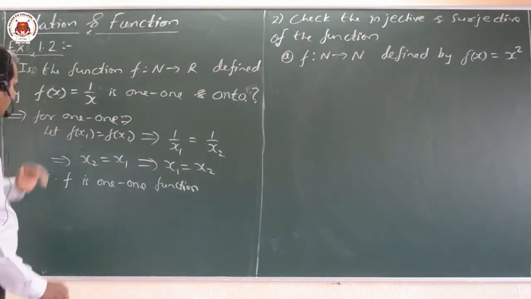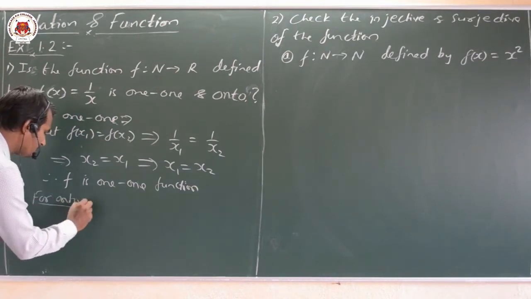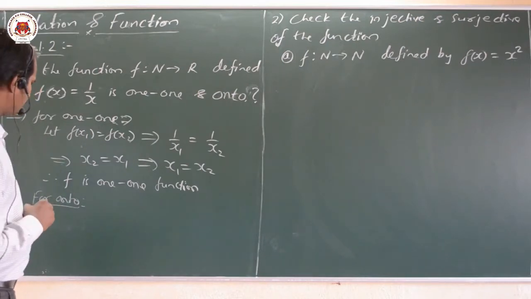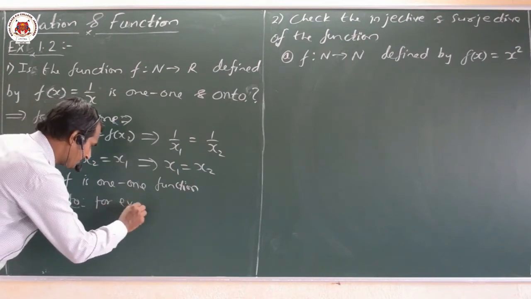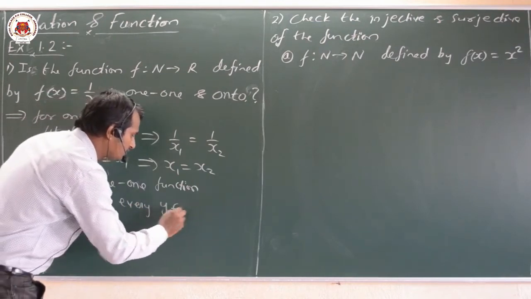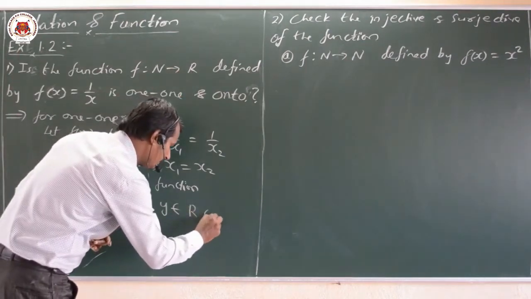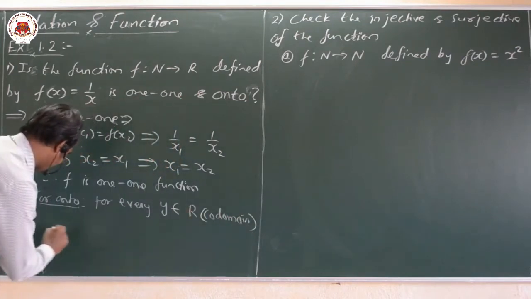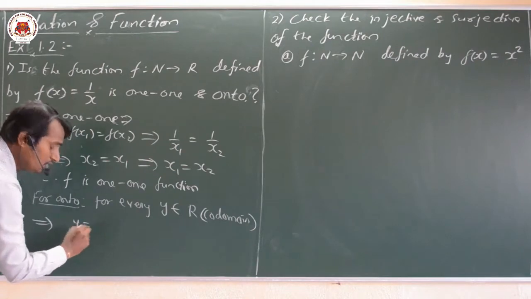Now let us move on to onto. Onto is also known as a surjective function. Let us observe here. For every y belonging to the codomain, and the codomain here is R, there exists x such that y equals f of x.